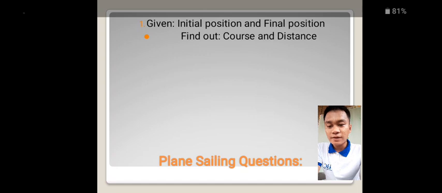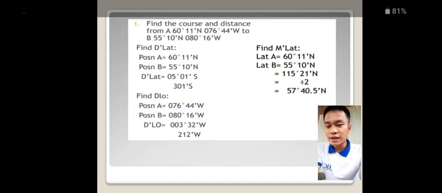The rule of thumb for m lat is that if in the same hemisphere you add, but if in different hemispheres you subtract. So for the same hemisphere, the formula is latitude A plus latitude B divided by 2. For different hemispheres, the formula is lat A minus lat B divided by 2.